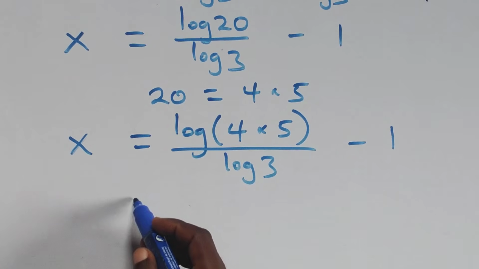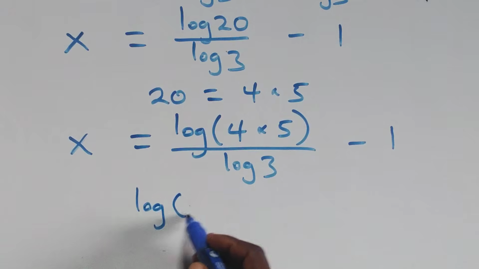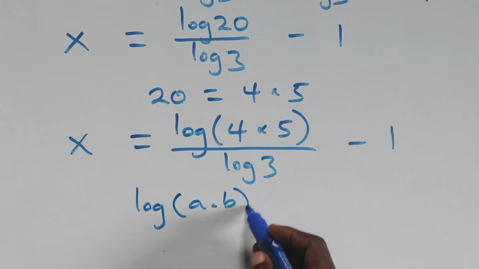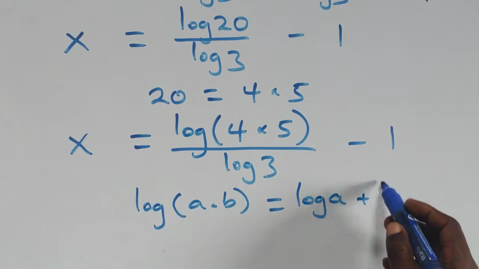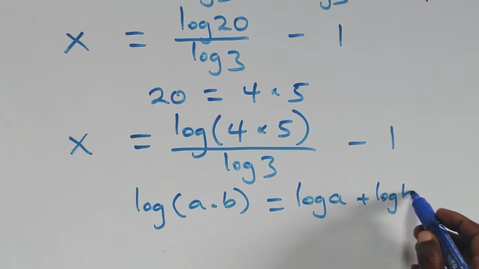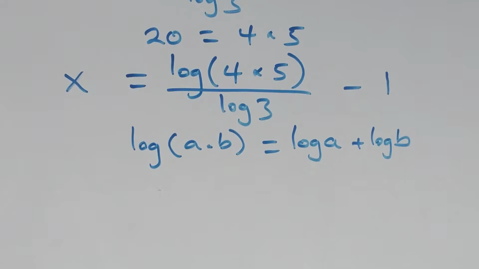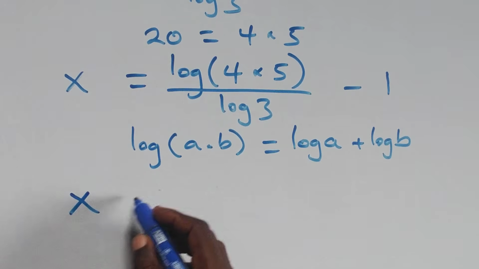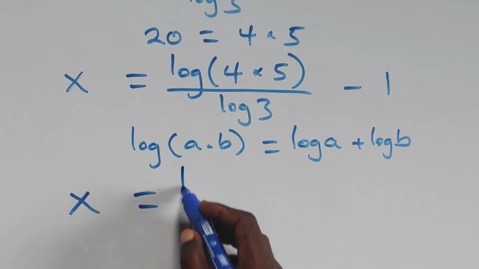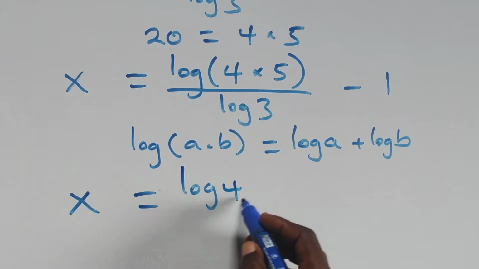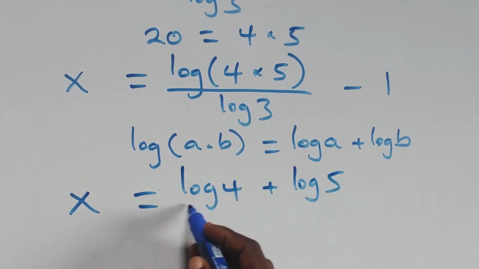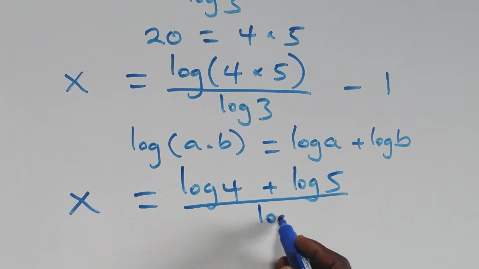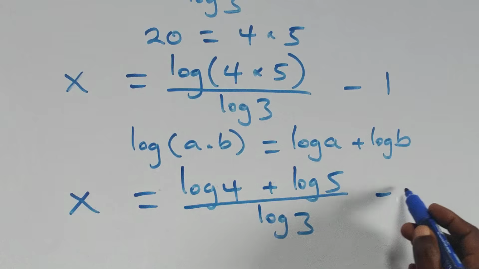Then this also follows when we have log a times b, we can write this as log a plus log b. So that here this becomes x equals to log 4 plus log 5 over log 3 minus 1.